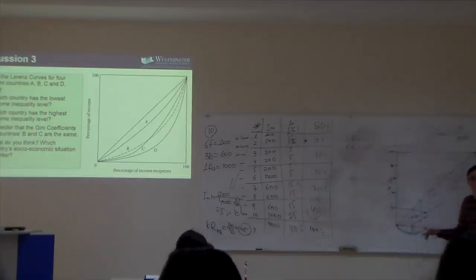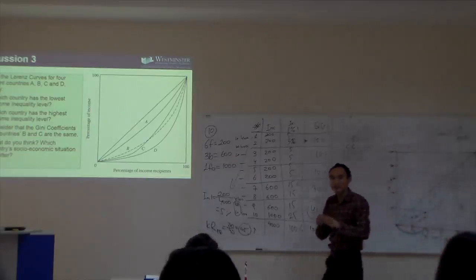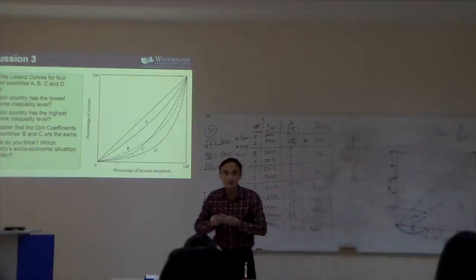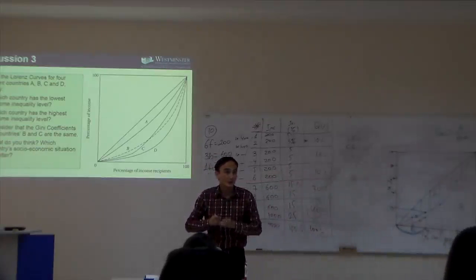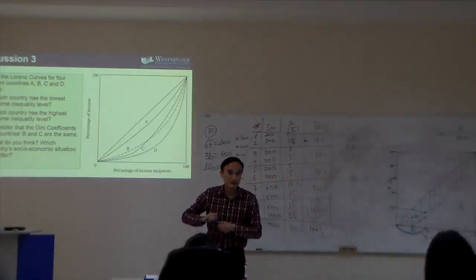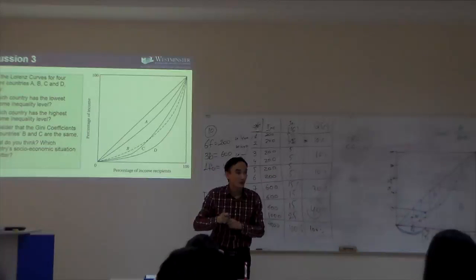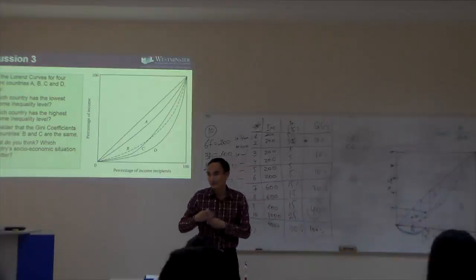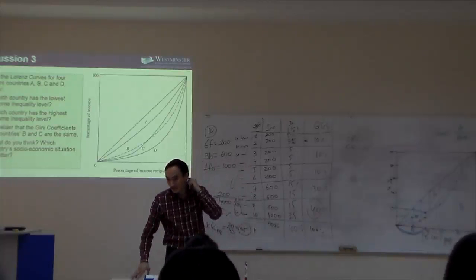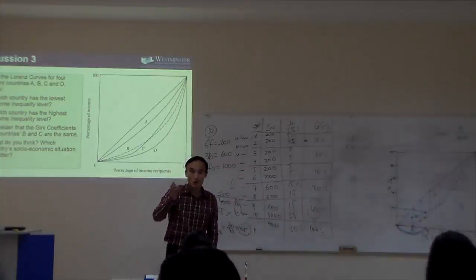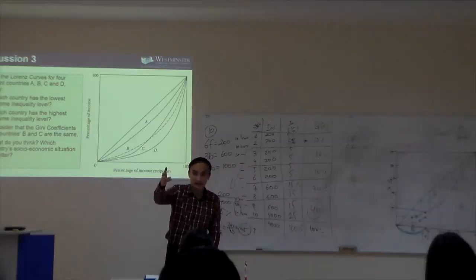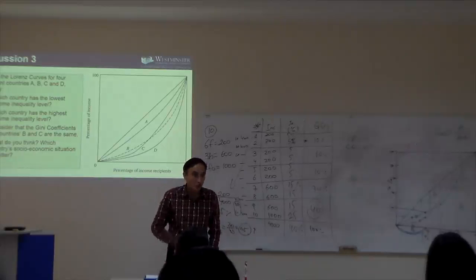Alright, that's his argument. For those students who said it's C, what is your argument? Did you change your mind? Why C? Let's say you are all human rights activists.